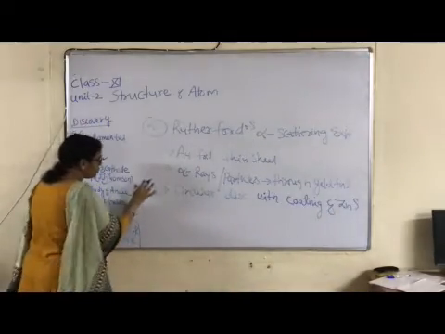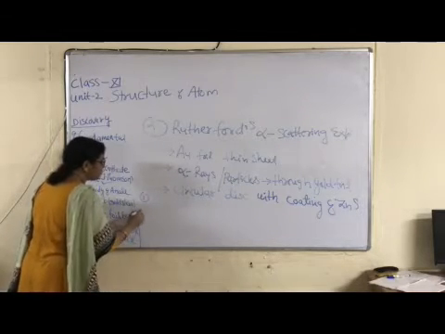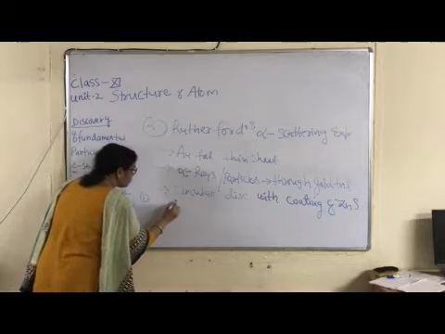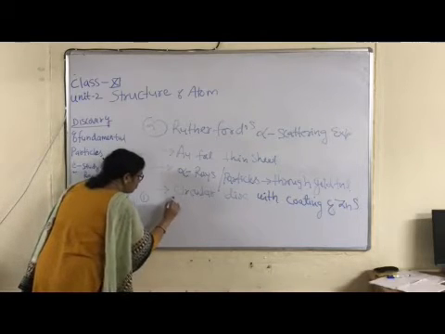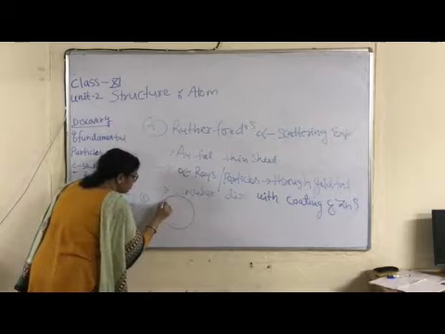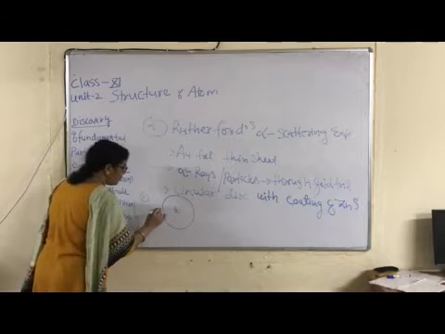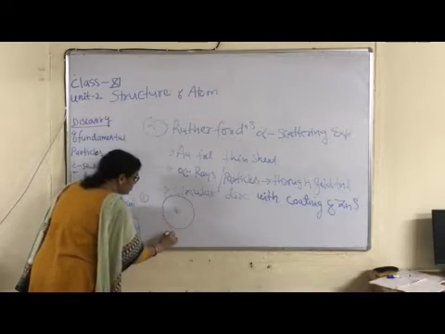Okay, children. Now the important observations of the alpha scattering experiment. First one, this is a magnified form of the cross section of gold foil. This is a single atom of gold.